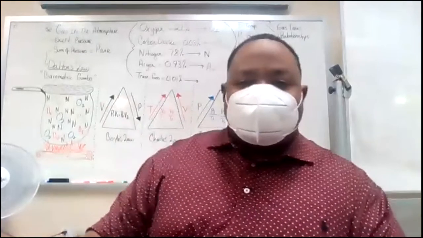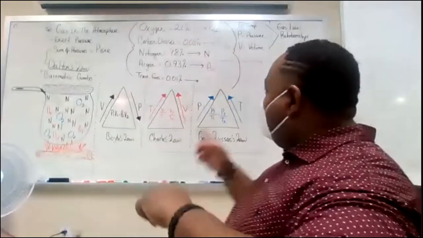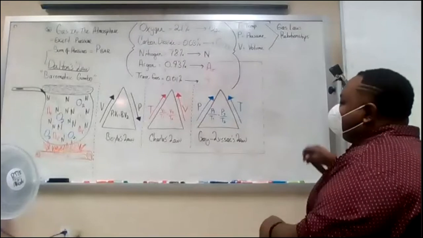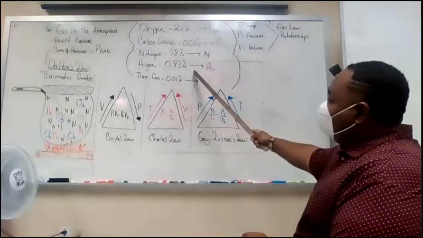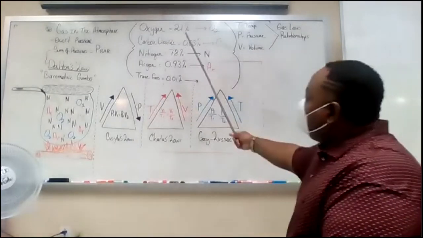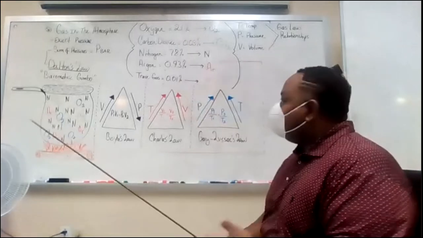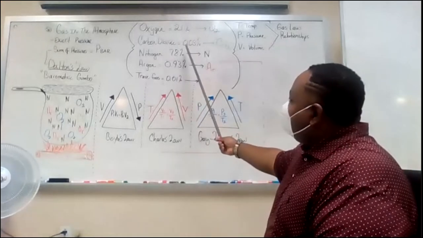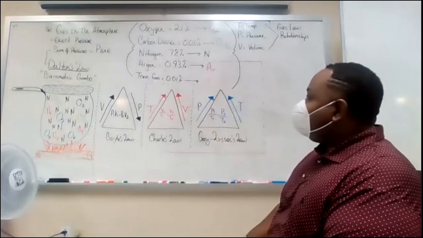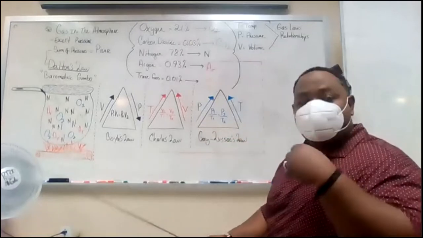If you look at the board, we see that the atmosphere, which I told you about the other day, is made up of oxygen, carbon dioxide, nitrogen, argon, and trace gases. Oxygen is about 21% of room air. Carbon dioxide is about 0.03%. Nitrogen is about 78% of room air, the most.